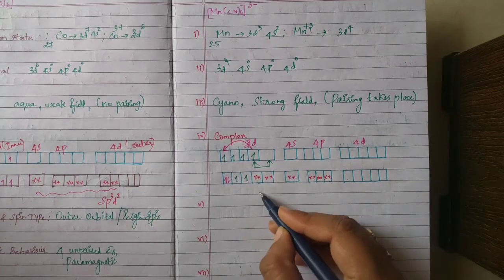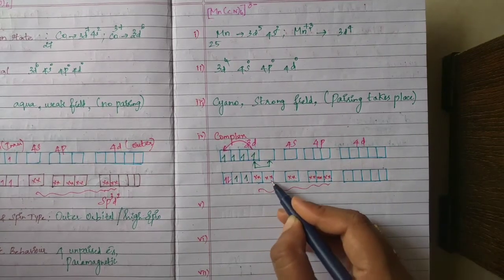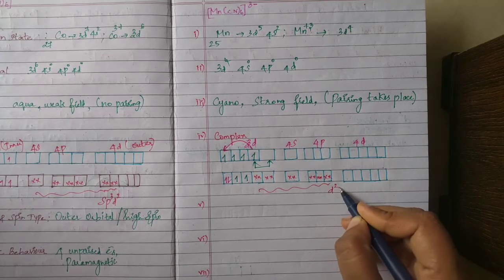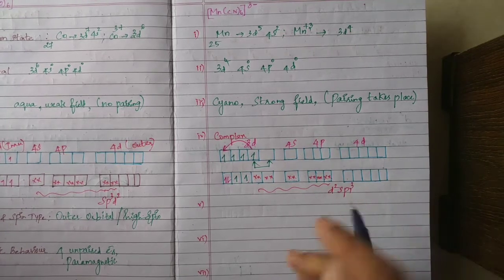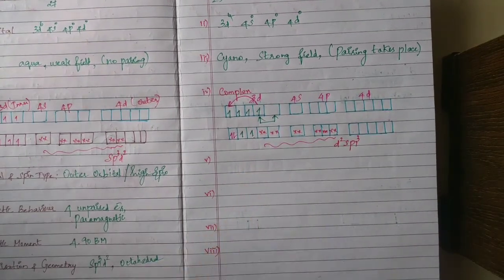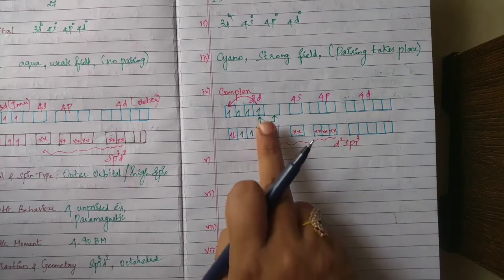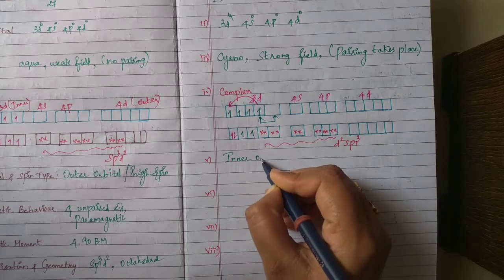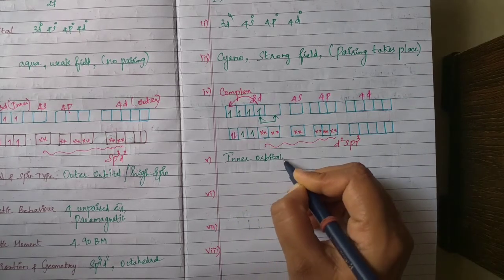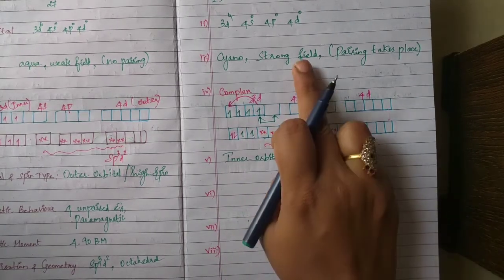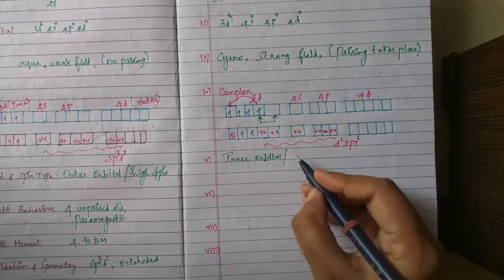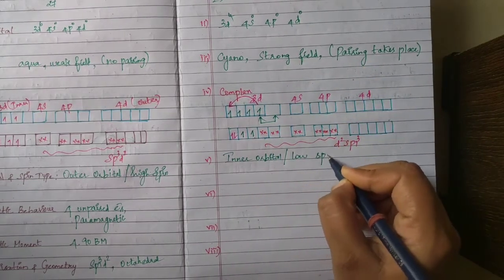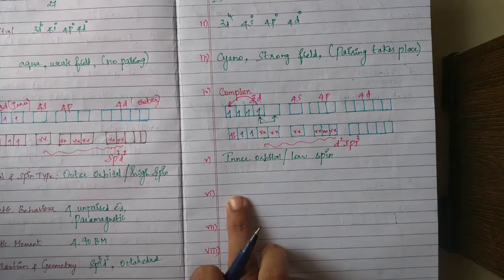Okay students. Now what is the hybridization students? First d comes. So d2sp3. Clear students. Next orbital type. It uses the 3d orbital. So it is an inner orbital type. And what is the spin type students? It is a strong field ligand, pairing takes place, so it is a low spin complex. Next, magnetic behavior.